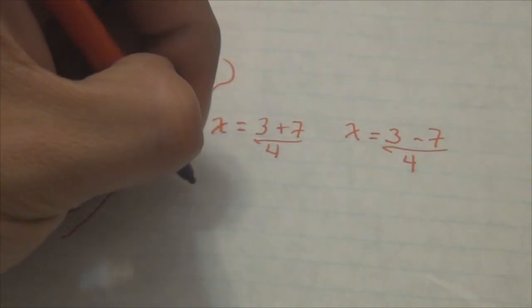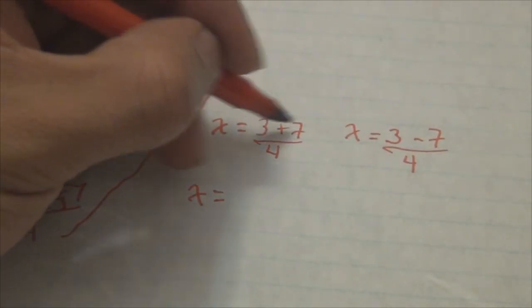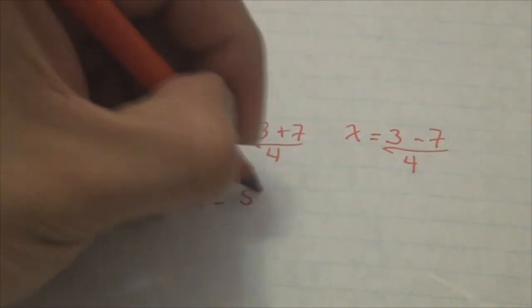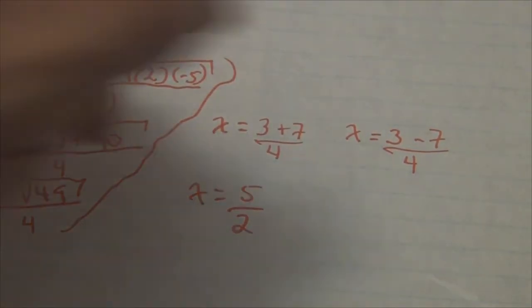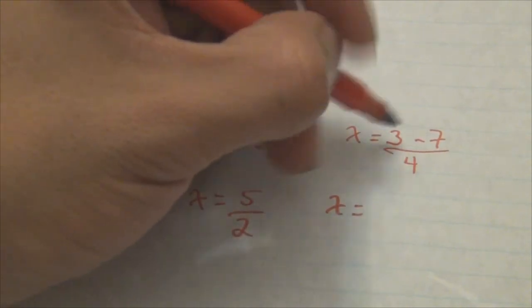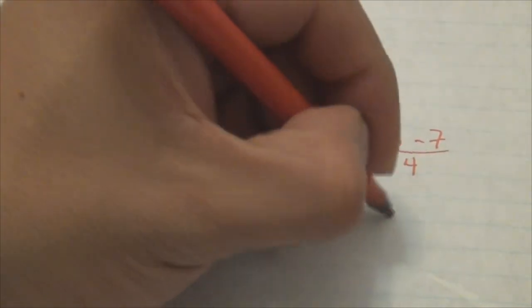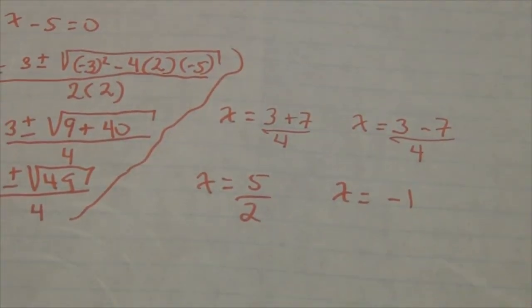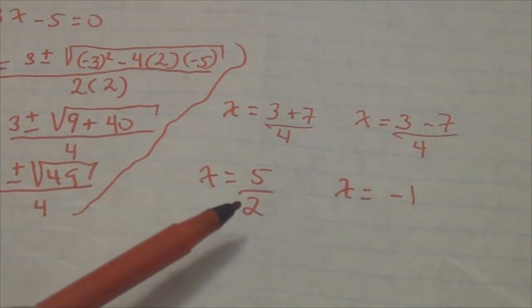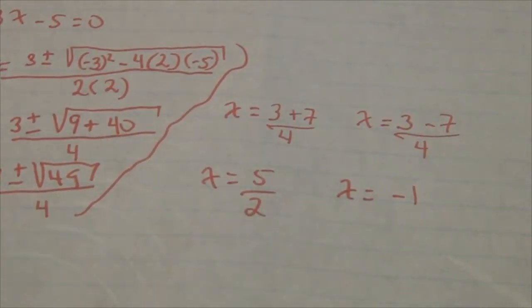So X equals 3 plus 7 is 10 over 4. If you reduce it, you get 5 over 2. 3 minus 7 is negative 4, divided by 4, negative 1. Making your solutions 5 over 2 or 2.5, and X equals negative 1.